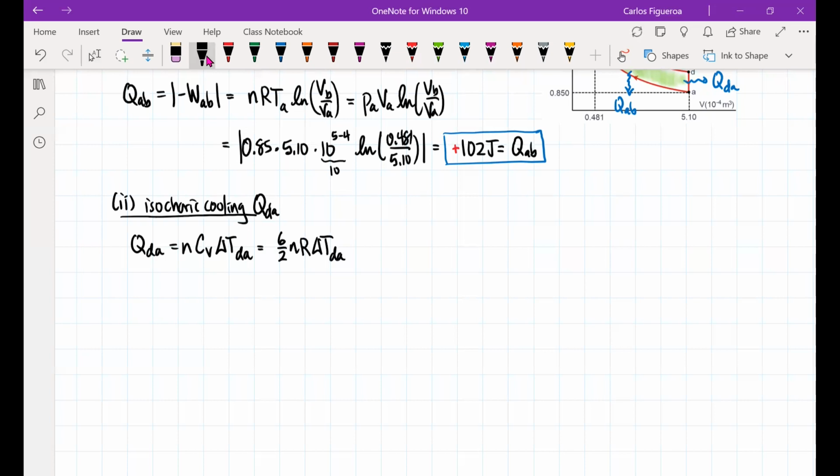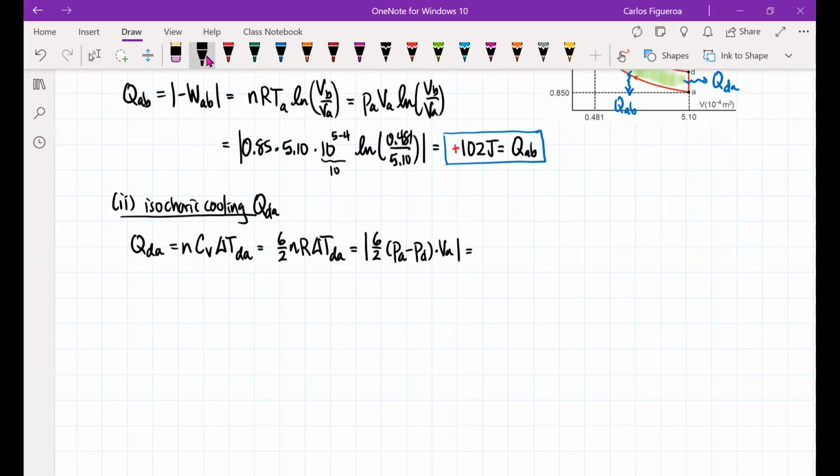Note that this is occurring at constant volume, so I can factor out the volume part. So I'm going to get 6/2 of PA minus PD times the volume at A. Note that PA minus PD is a negative number, so I need the absolute value of this.